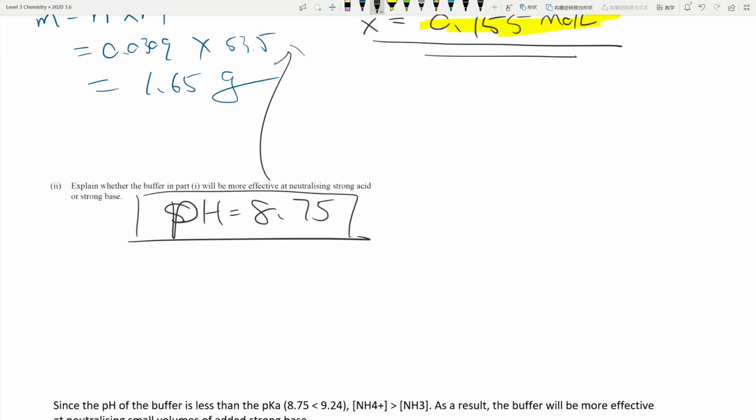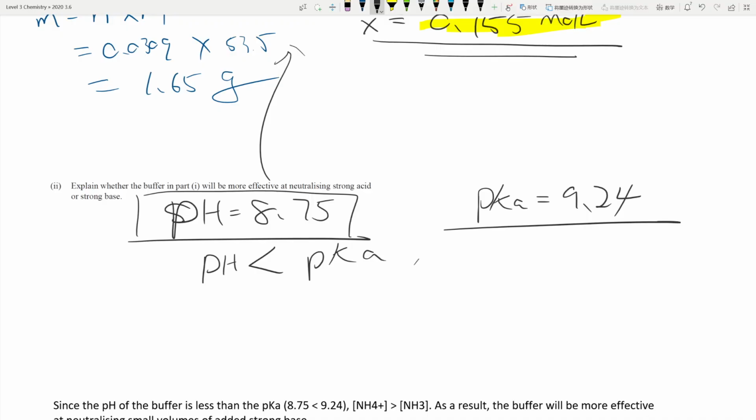That's up here. And then we know the pKa is 9.24. So whenever your pH is smaller than pKa, that means you have more acid than base in the buffer.